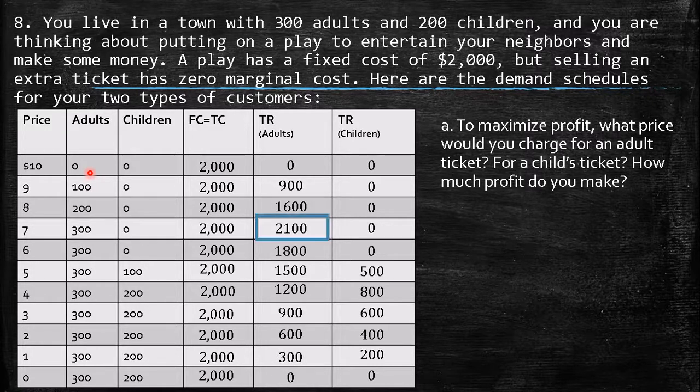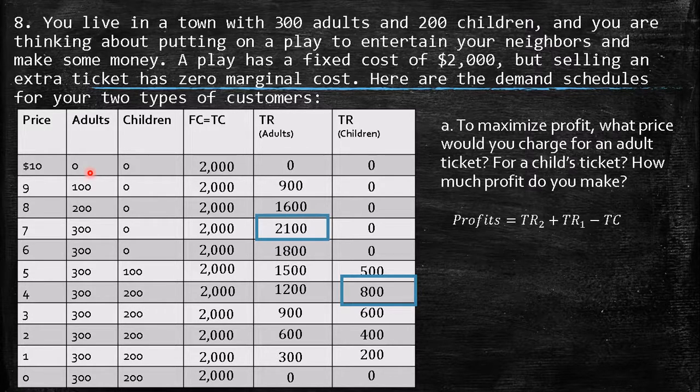The highest total revenue is this one, associated with a price of 7, and at that price the adults will consume 300, so everyone will pay. So the total revenue would be 2,100.